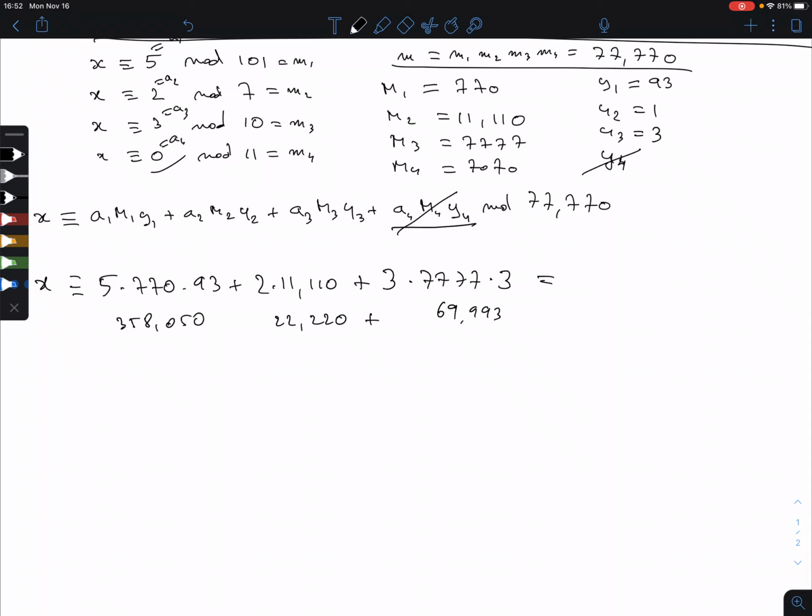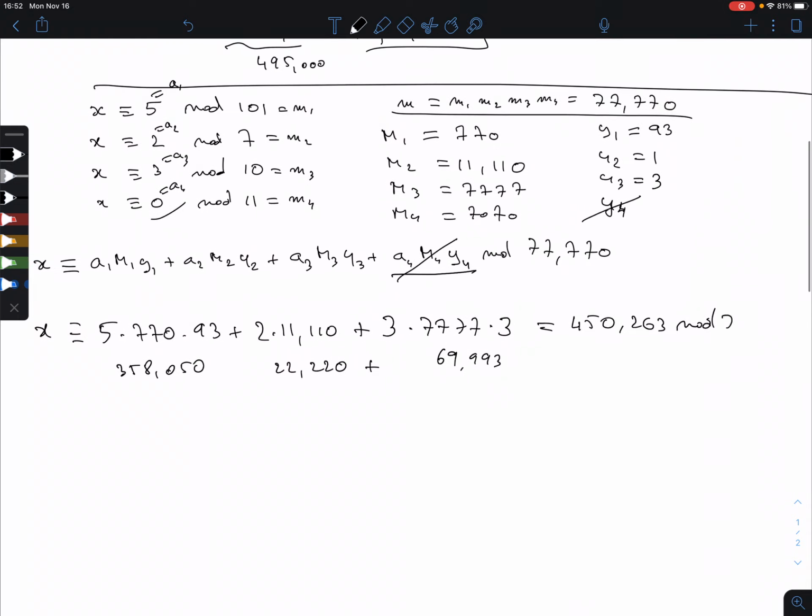We add 358,050 plus 2220, oh, I missed the 220, plus 69,993, which is supposed to be 450,263. Now we have to take this modulo 77,770, so we divide this by 77,770.